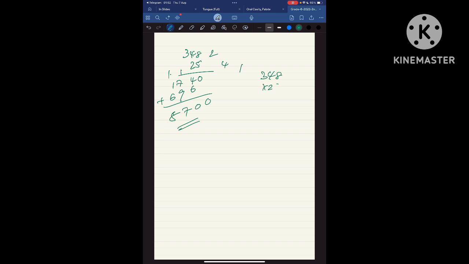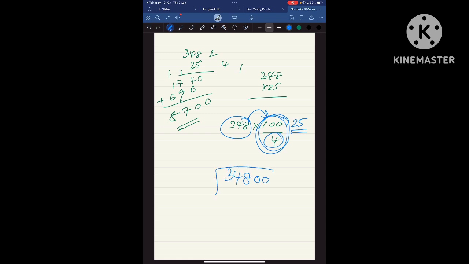348 times 25. You can multiply this as 348 times 100 divided by 4. Why? Because 100 divided by 4 means 25 only. So you can multiply the 348 by 100 and then divide it by 4.